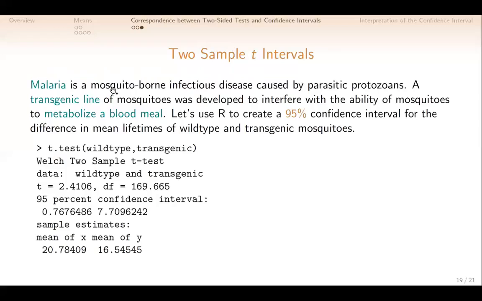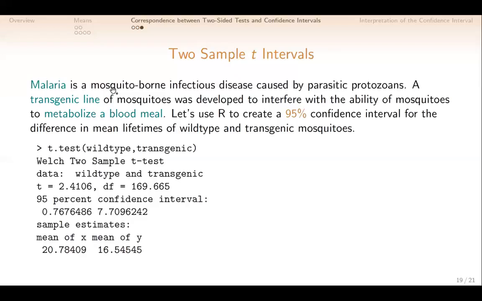And so there it is. The Welch-Satterthwaite computation for the number of degrees of freedom is around 170. The t-statistic is 2.4, so you know that the p-value is pretty low. I wiped out the part of the display that gives you the p-value because I'm focused on the confidence interval.